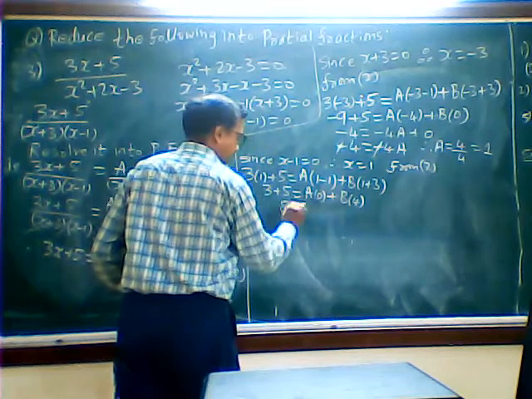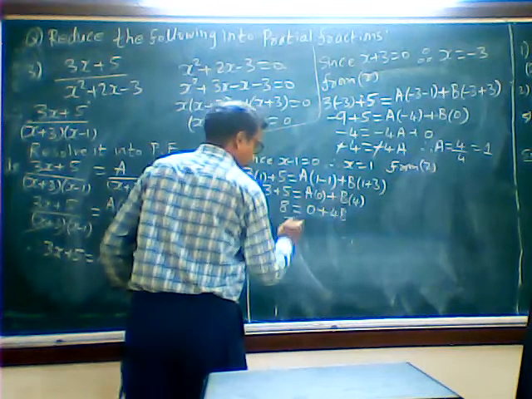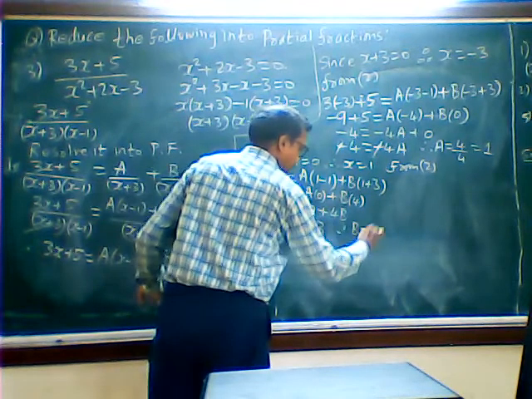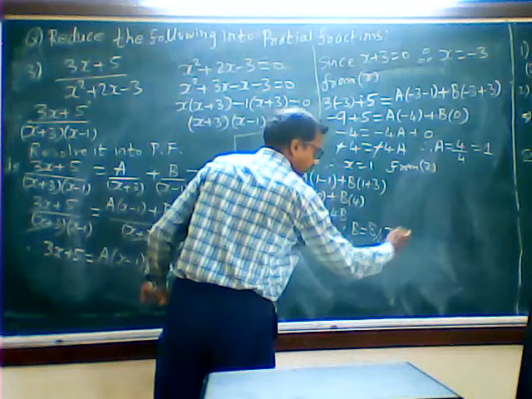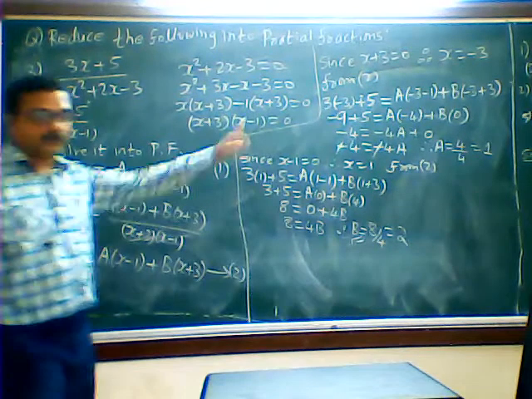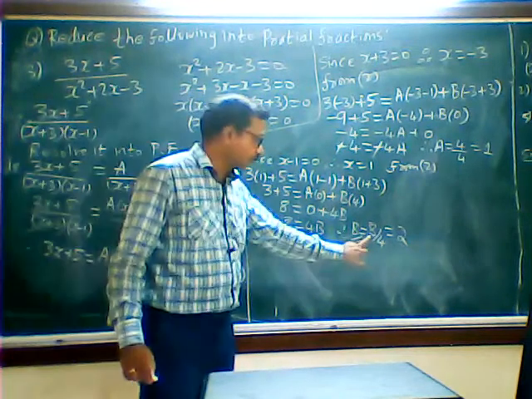So I will get a into 0 is 0, 4b. So 8 is equal to 4b. Therefore b is what? 8 upon 4, 4 twos are 8. So I am getting A value as 1, B value as 2.